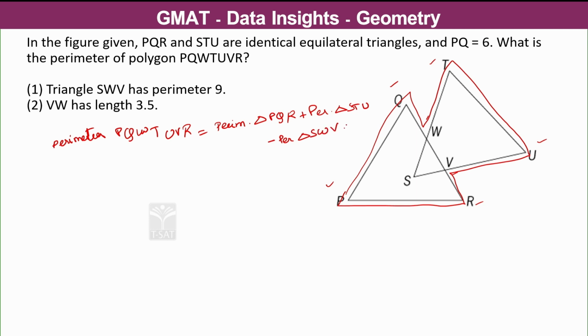SWV. Now, we are also given in the question statement that PQ is equal to 6 and PQR and STU are identical equilateral triangles. So, therefore, the perimeter of triangle PQR, being an equilateral triangle, is 3 into 6, that is 18. We are not told the units of it.